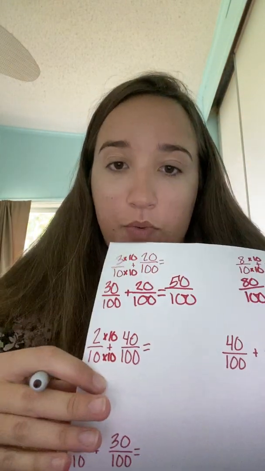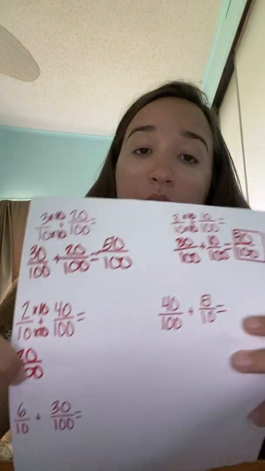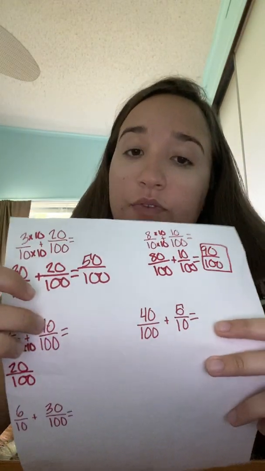Now, who can tell me what they got when they times both the bottom and top by 10? Awesome, yeah, so we should have 20 over 100. Can we add that to 40 over 100? Yes, we can. All right, so let's add 20 over 100 to 40 over 100.